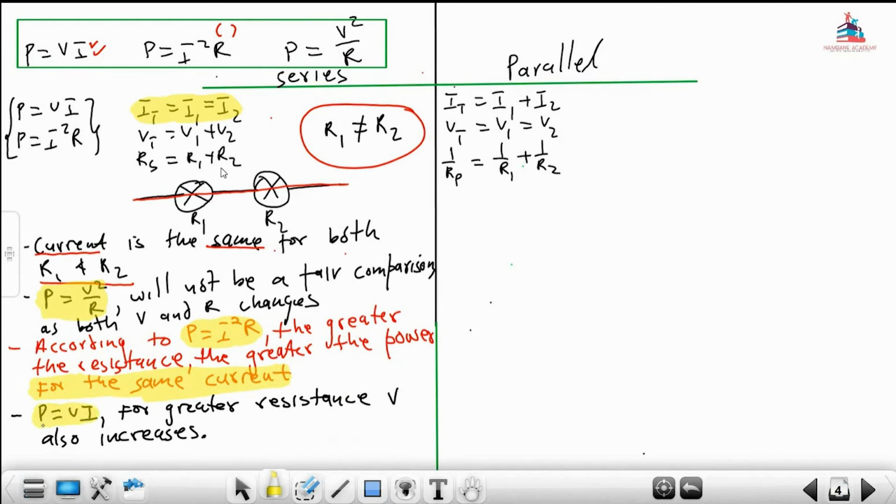Usually they will ask us, using the principles of physics, explain why the brightness of bulb A differs from the brightness of B. So this is what we need to be using moving forward to explain.